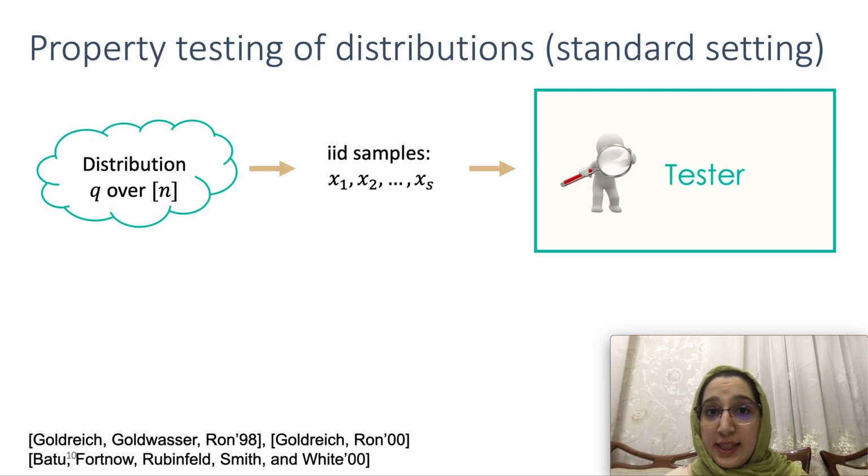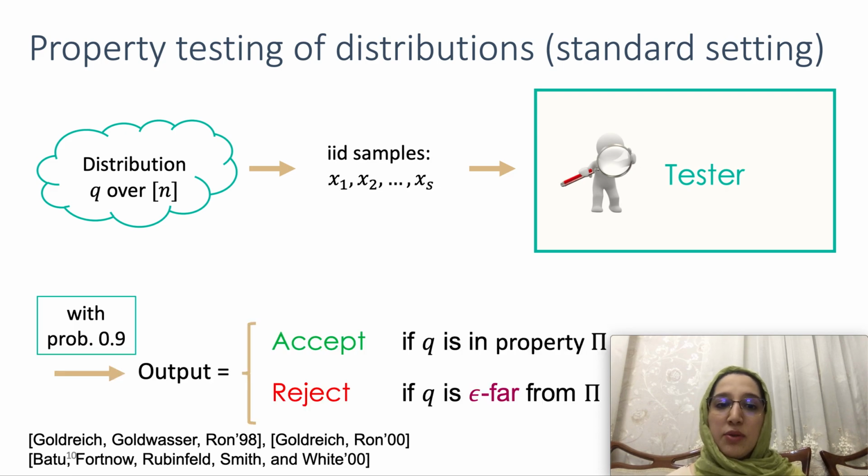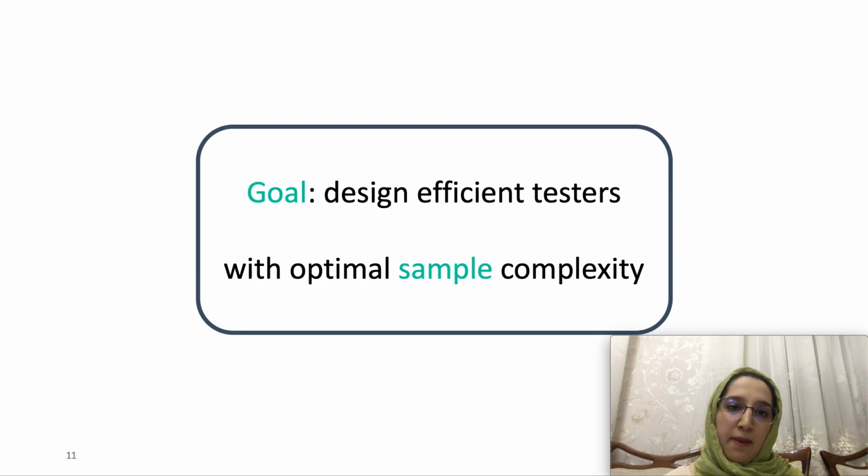We receive IID samples from that distribution, and the tester, upon receiving these samples, is supposed to distinguish the following cases with high probability, let's say 90% of the time. The first case is where Q has the property, or is in the set pi. The second case is when Q is epsilon far from pi. The goal in this setting is to use as few samples as possible and obtain the optimal sample complexity.